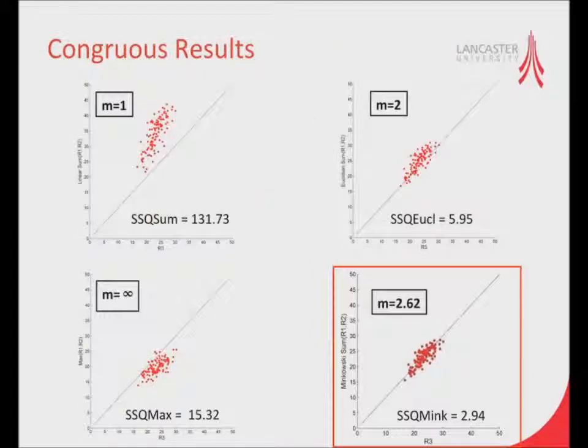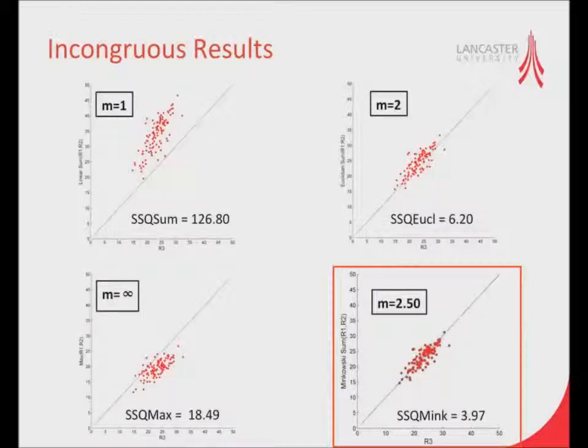So the congruous results, best predictions were obtained with a Minkowski of 2.62. Okay, again, in the same range. And for the incongruous combination sets, best predictions were obtained with a Minkowski of 2.5. Okay, so when you use the sum, the Euclidean you tend to overestimate, and again, maximum tends to underestimate.